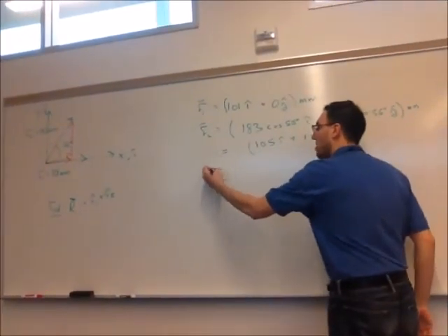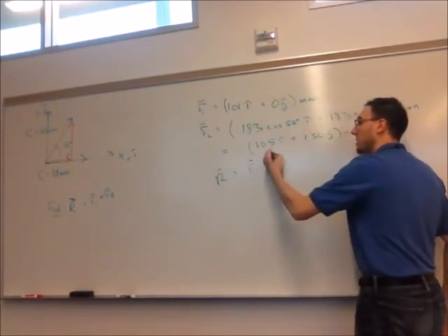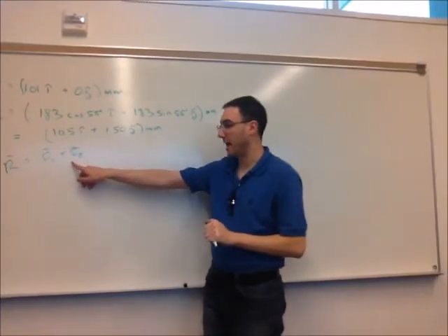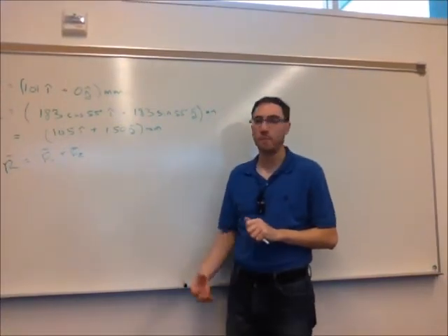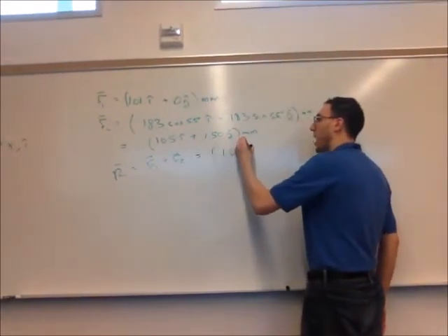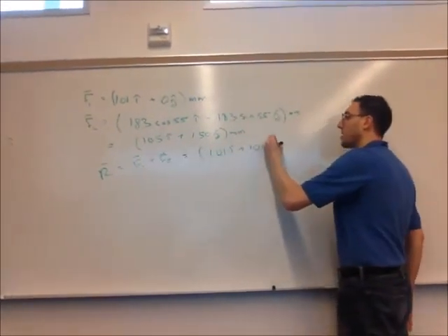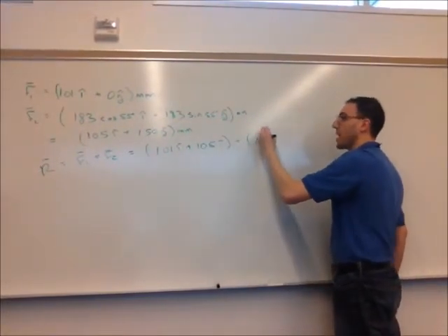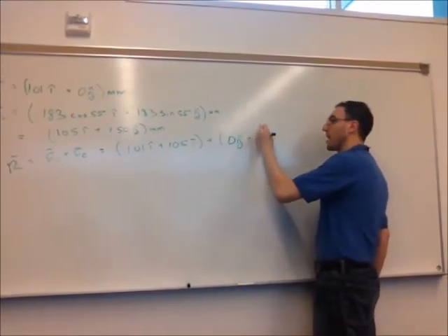So I know that R is going to be F1 plus F2. Now that they are in component form, I can add the like components together. So that's going to be 101I plus 105I plus the J component, so 0J plus 150J.